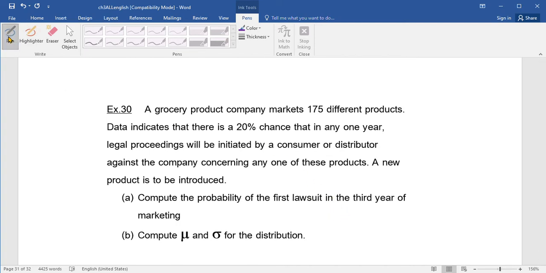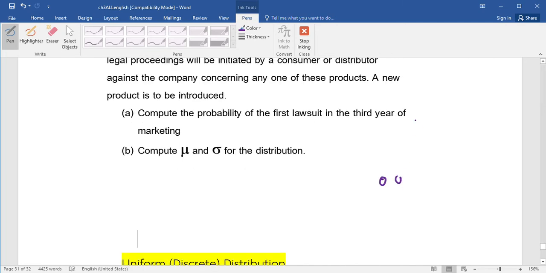Now, this is a geometric distribution. Find the probability of getting the first lawsuit in the 3rd year of marketing. That means you launch the product. First year, nothing happens. Second year, nothing happened. But in the 3rd year, you got the first lawsuit.